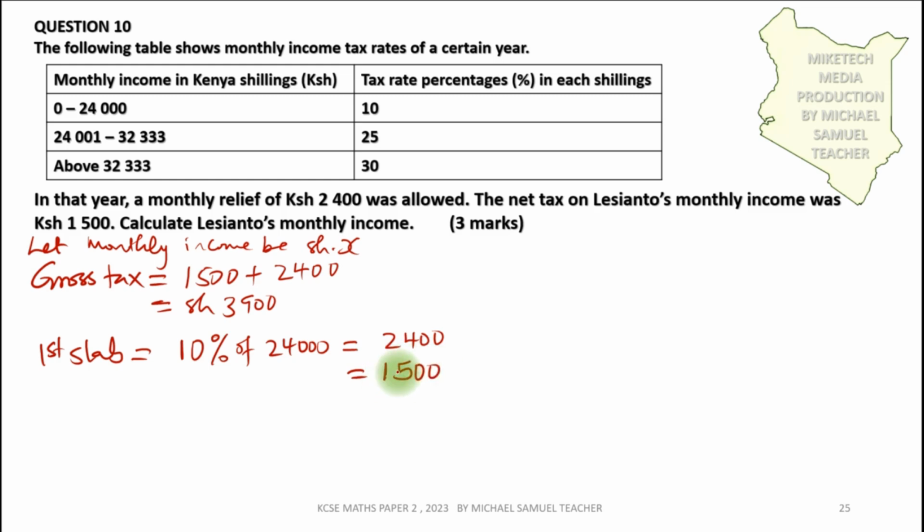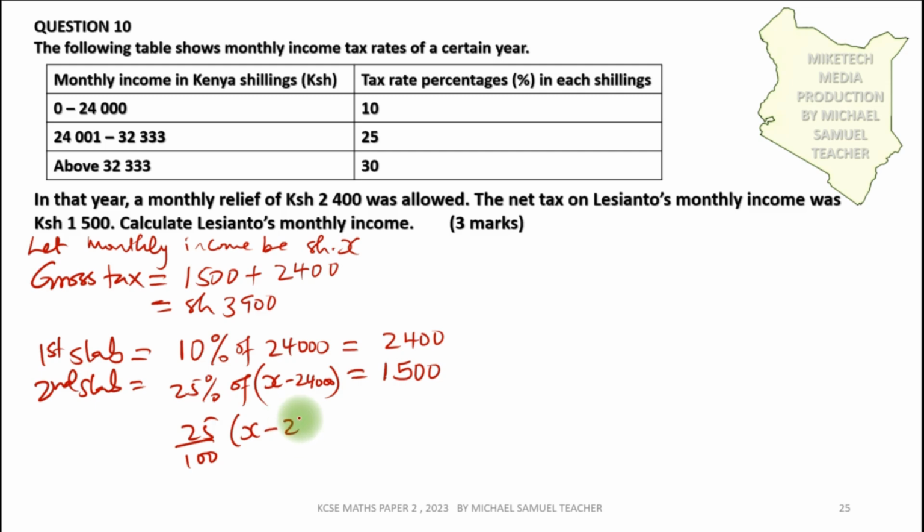So we need to know the amount from the value of X, that is the total income. So for the second slab it will be 25% of the remaining, and the remaining is X minus 24,000. So that's what we get, 1,500. So we need to work out this. So this will be 25 over 100 times X minus 24,000 equals 1,500.